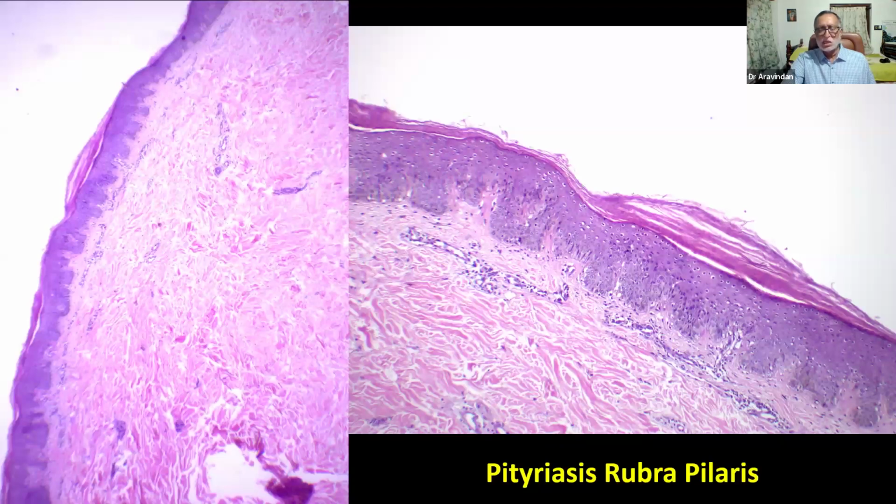And this is another example of a condition that clinically may mimic psoriasis, and it may even show psoriasiform hyperplasia and parakeratosis, but frequently parakeratosis may alternate with areas of orthokeratosis. This is pityriasis rubra pilaris.